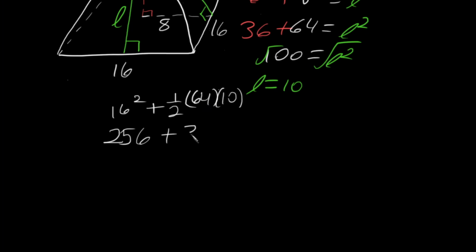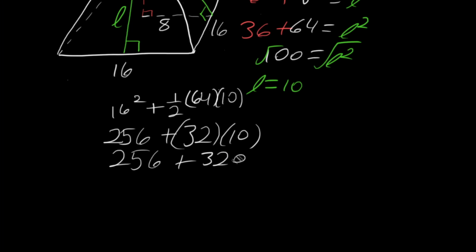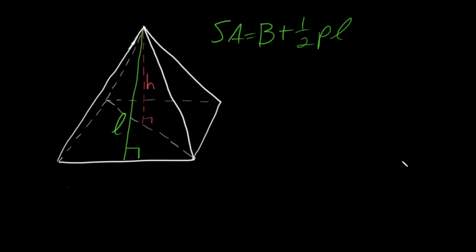That would be 32 times 10, so 256 plus 32 times 10, we can just throw in a 0 at the end, plus 320. And we end up with a final result of 576 units squared.